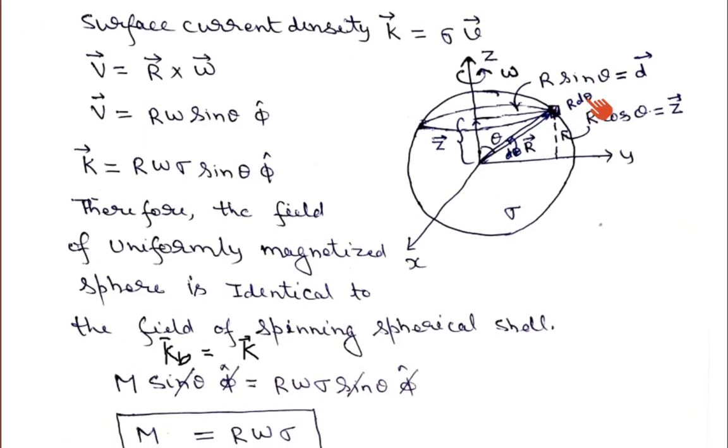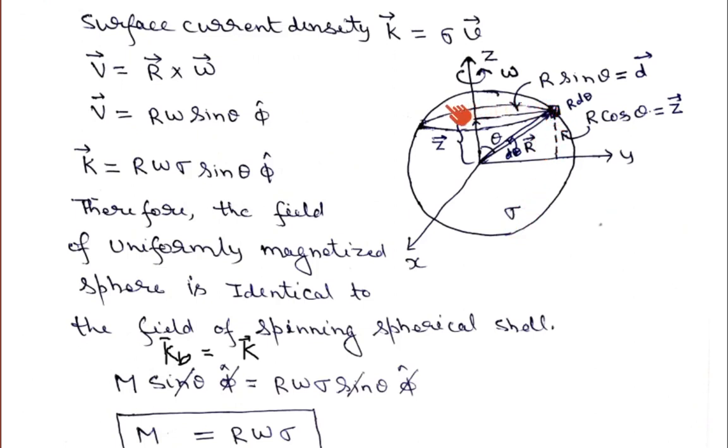So we know the magnetic field due to a current carrying circular ring, because this circular ring has some thickness, that is r d theta. Because surface charge density is uniformly distributed on the spherical shell, the circular ring of thickness r d theta also has surface charge density sigma.